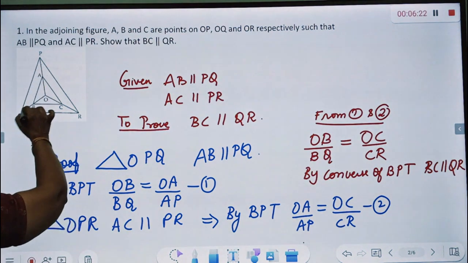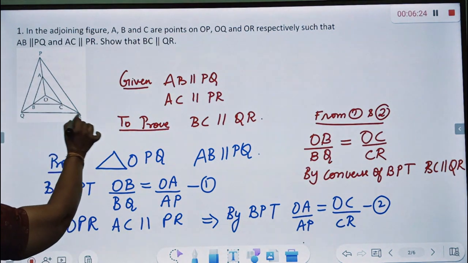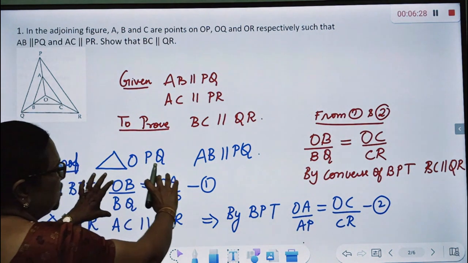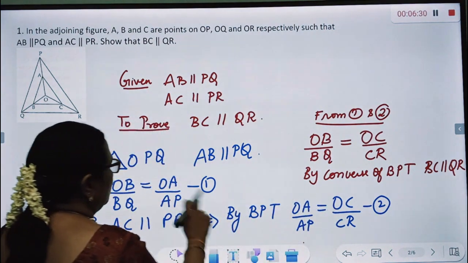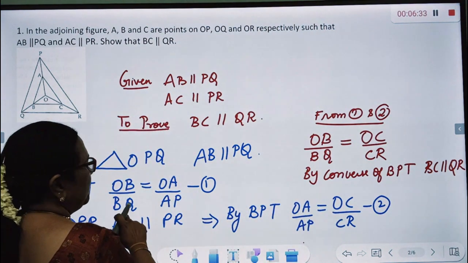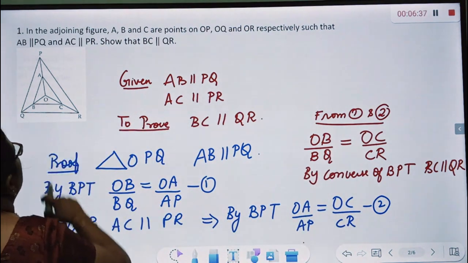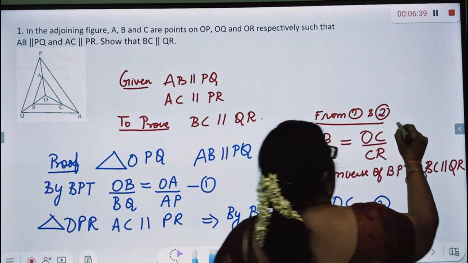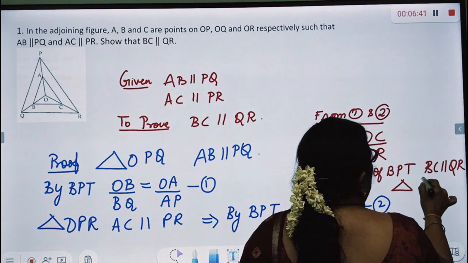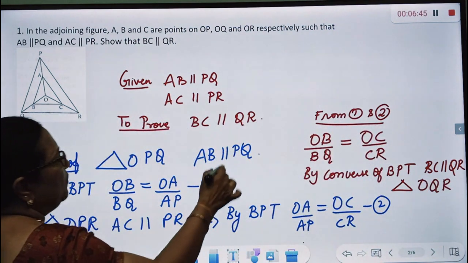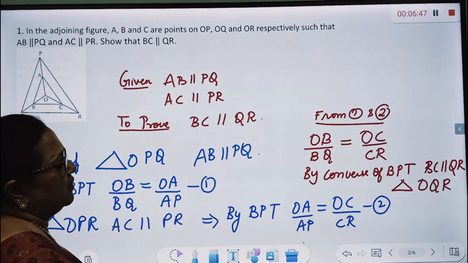So we applied BPT for this triangle, we applied BPT for this triangle, and we got these two ratios. We equated them. We got OB by BQ equal to OC by CR. Then we looked at the triangle OQR. In triangle OQR, you have OB by BQ equal to OC by CR.